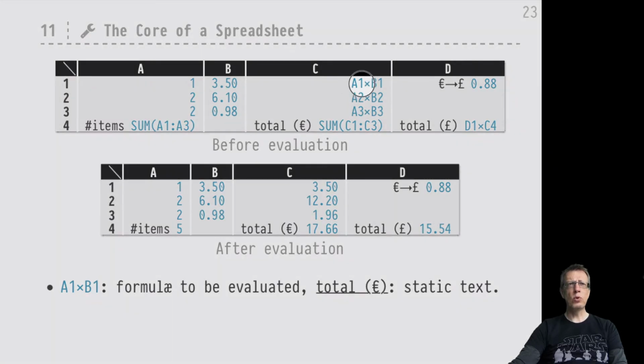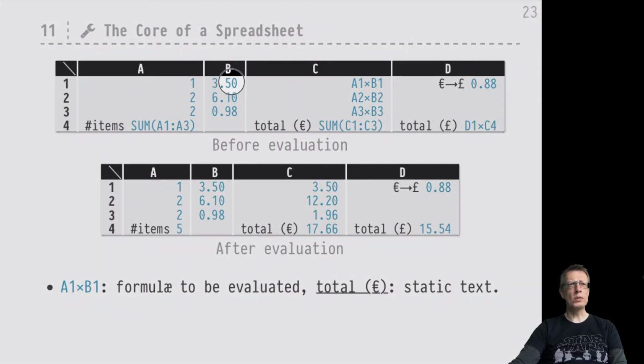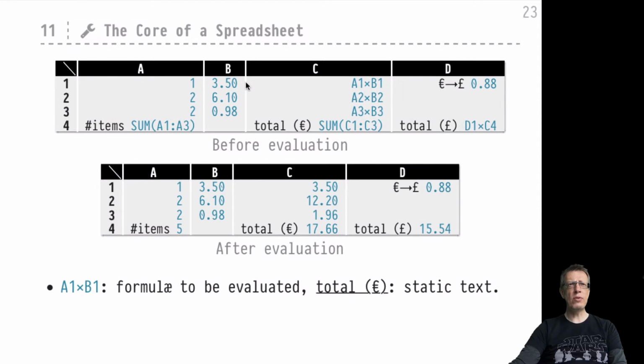So that would be a multiplication formula that references two cells A1 and B1. Okay, so this is A1 and B1, 1 and 3.5. The multiplication of this would be 3.5, and that would be the value of cell C1. We have to evaluate the cell to obtain its value 3.5.